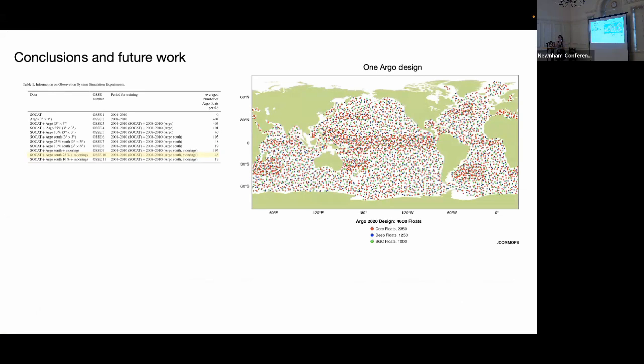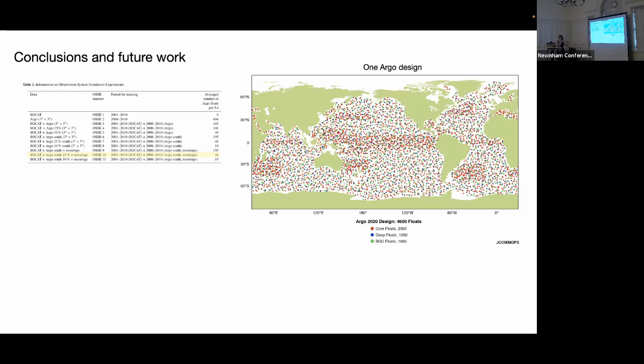All of these floats still only cover the top 2 kilometers, and we have an average depth of 4 kilometers. So we also have deep Argo floats, which can go all the way to 4 or 6 kilometers. The One Argo design will be a combination of these 3 different types of floats, trying to get to the minimum number you need for each type.